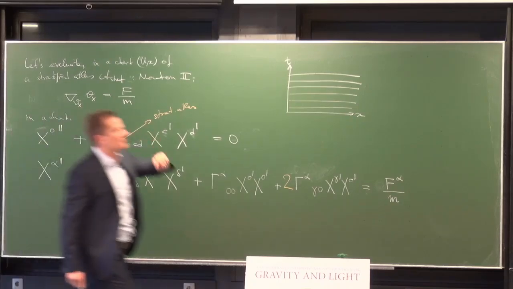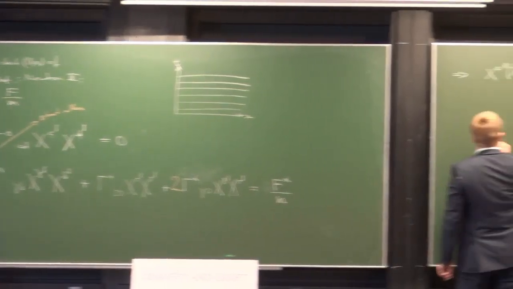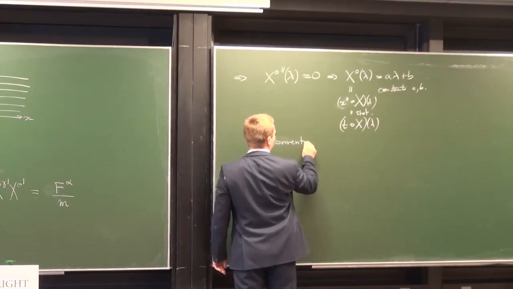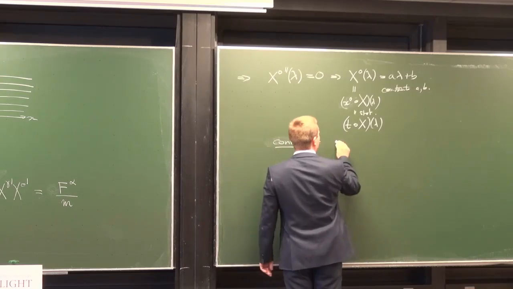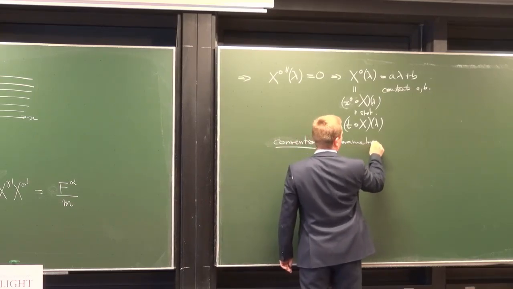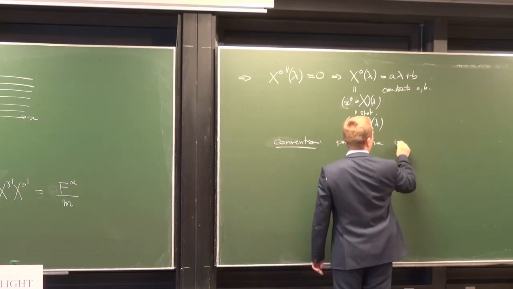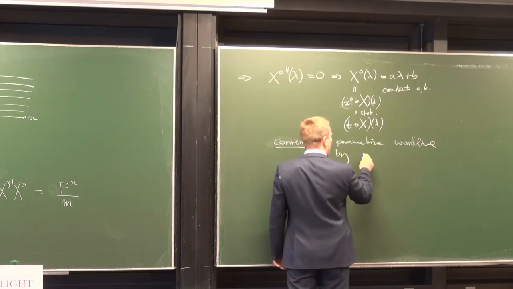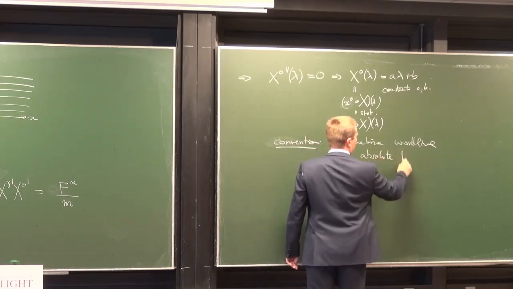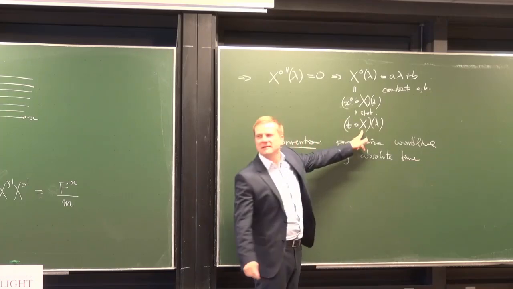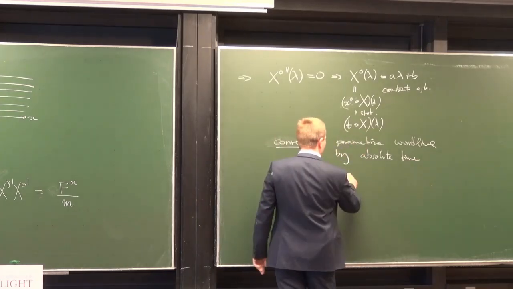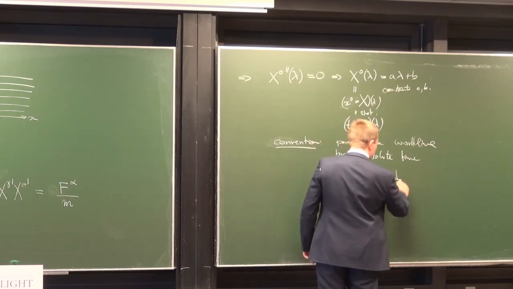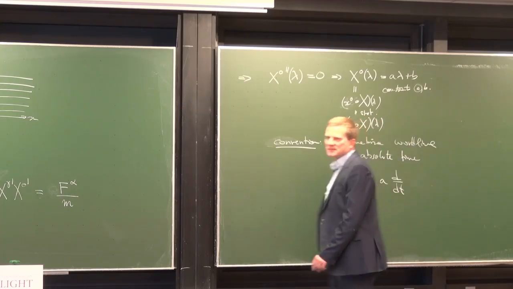Well, once I saw this, I could get the idea. For convenience, it's just a convention, I could parameterize the world line by absolute time, so by this number here. And then you find that what before was d by d lambda now is a times d by dt, for a constant a.